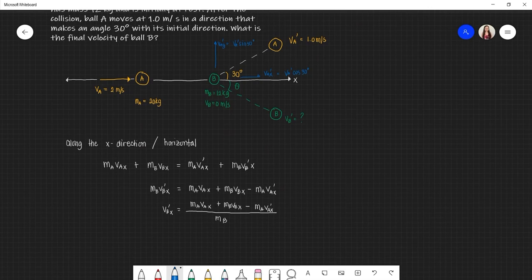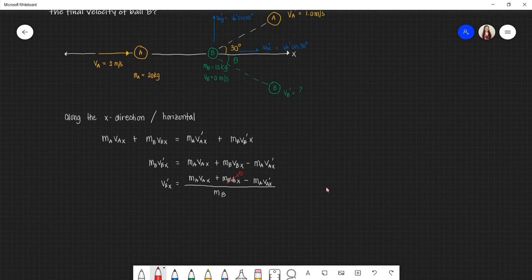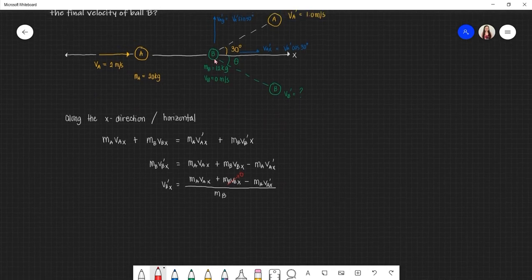So VA prime x can be substituted using VA prime cosine 30 degrees. And also, we can cancel out MB VBX, because the initial velocity of ball B is 0, because it is initially at rest.